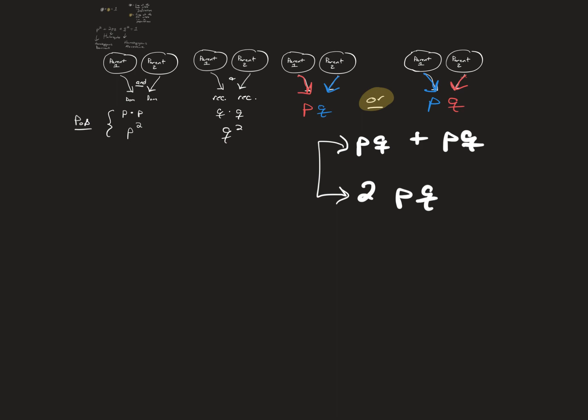All right. So if I tell you that the recessive frequency, let me give you a real example. Okay, I'm just going to use white flowers. So I tell you, white flowers are recessive.